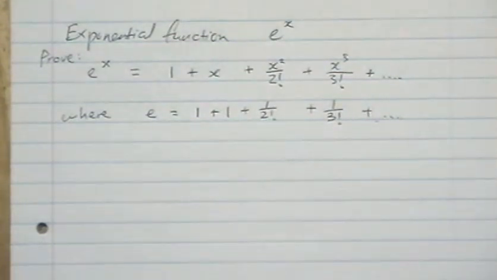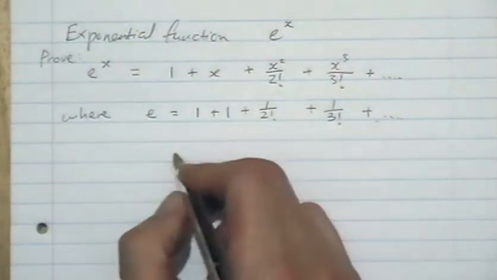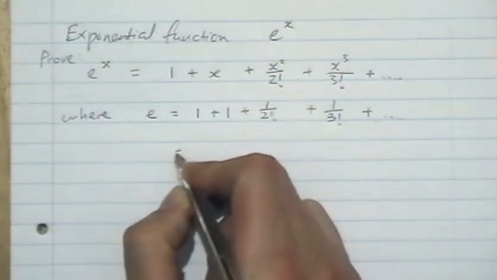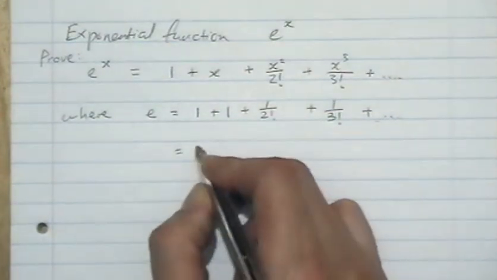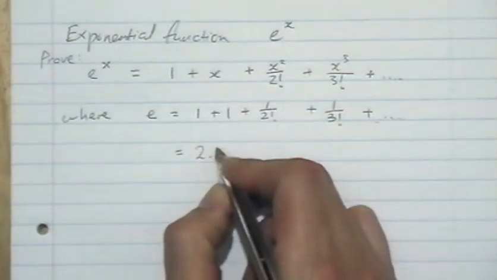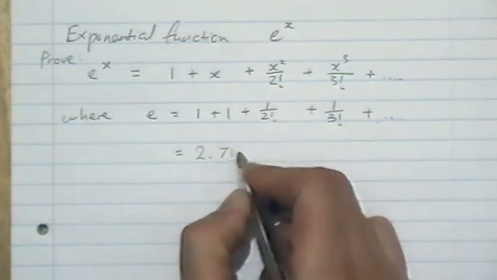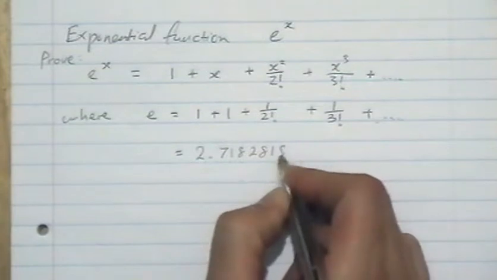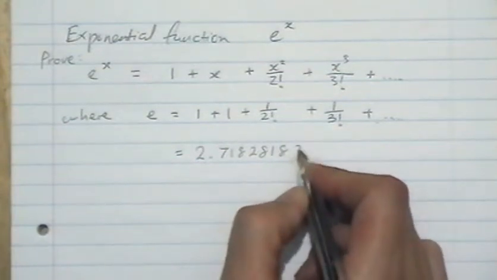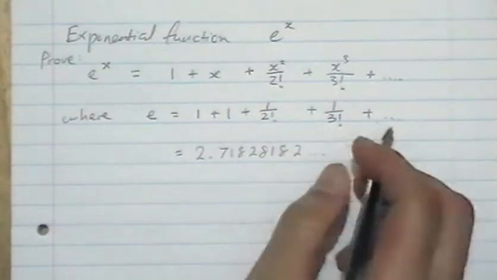And you could try adding them up using a calculator, but I shall just write down the value for e: 2.7182818 dot dot dot.